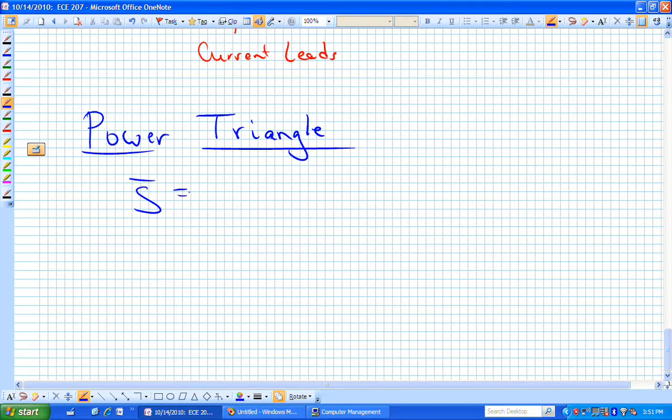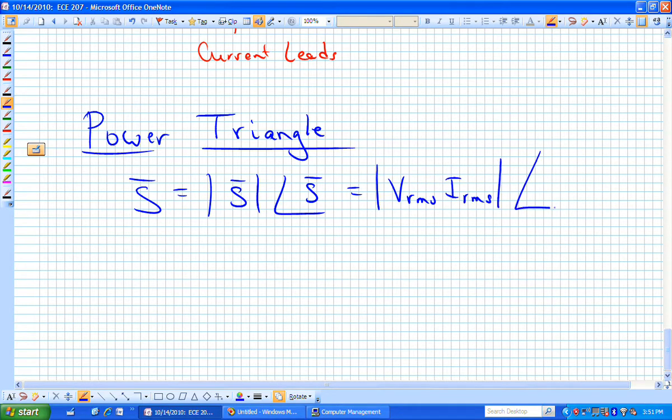where it's defined by S bar, and we can write that many different ways. There I'm meaning the angle of S bar is just the angle of that complex number, whatever that complex number is going to be, or that's the magnitude of VRMS IRMS times the angle, which is the difference between our voltage angle and our current angle, and sometimes we just abbreviate that to an angle theta.